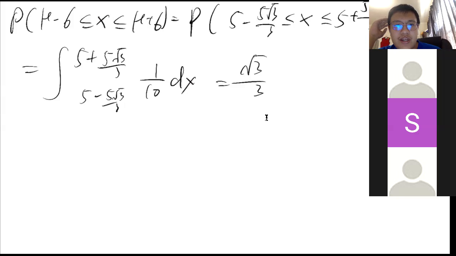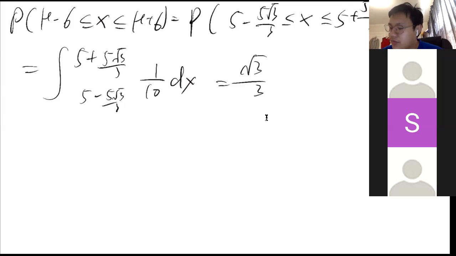And for problem 3, it is possible for variance to be negative. That is false because variance is the square of standard deviation. It's always non-negative. Problem 4, for a continuous variable, if the mean does not exist, then the standard deviation doesn't exist. That is correct because remember, mean is just expectation.